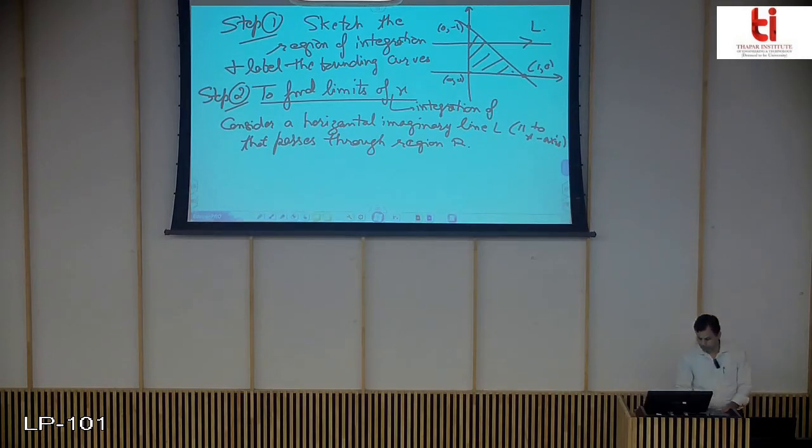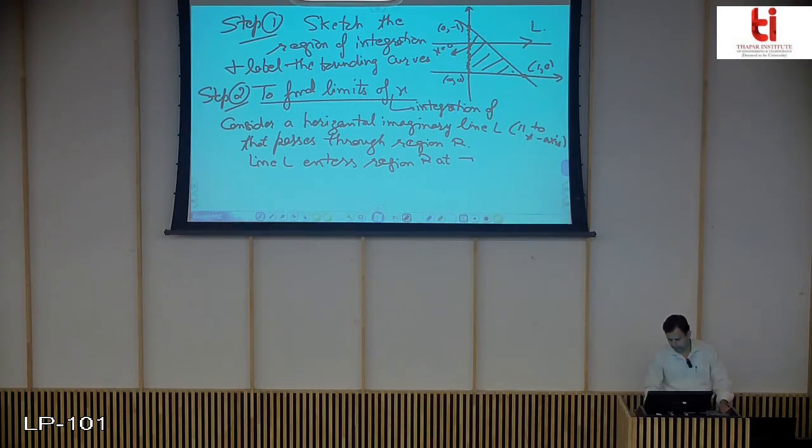So the line L, the imaginary line, enters region R at the same strategy: we see where this horizontal line is entering the region, and you can see it is entering through this boundary, where the equation of the line is x equals 0.